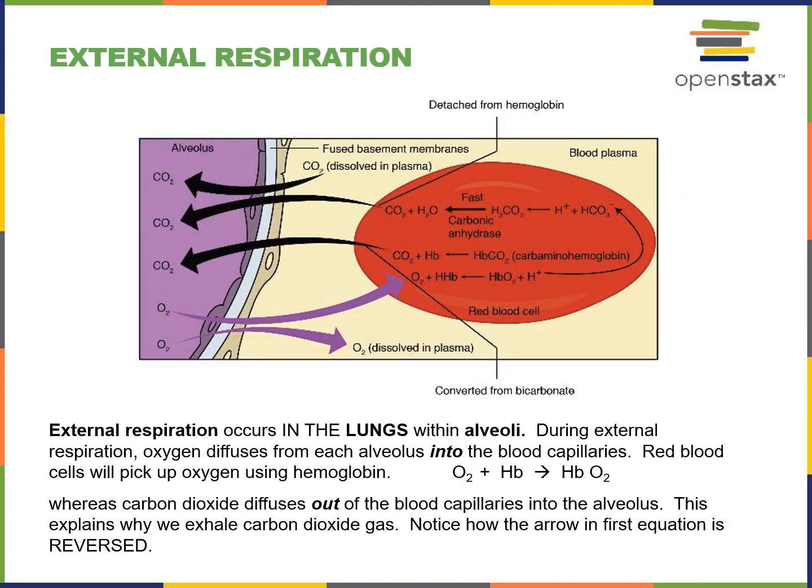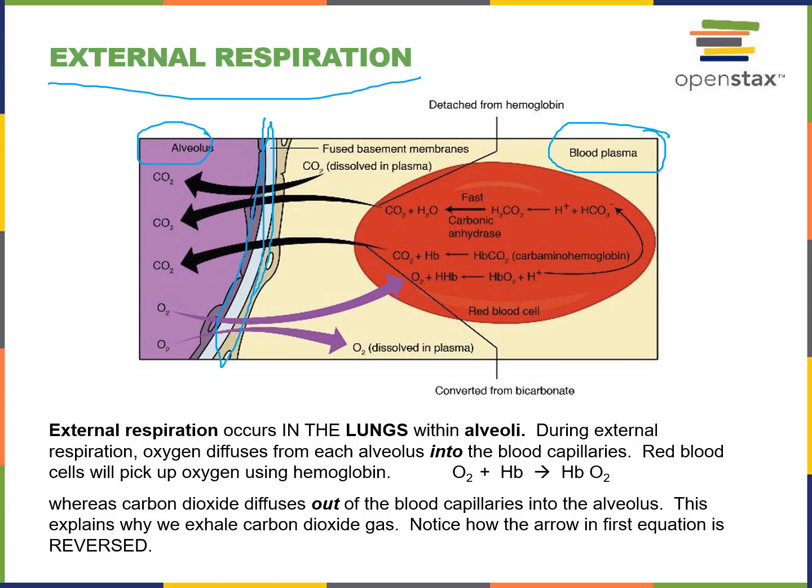So when we look at external respiration, let's do oxygen first, since we were just talking about that. This is the alveolus, this is blood plasma, and this is the barrier here, the membranes over which these gases must travel, diffuse, okay?